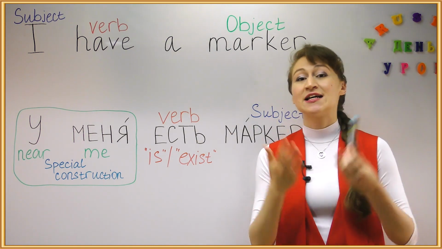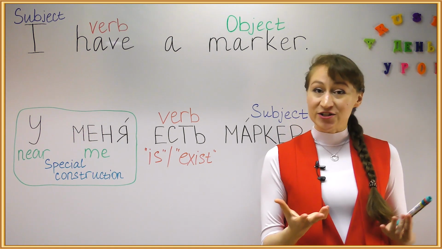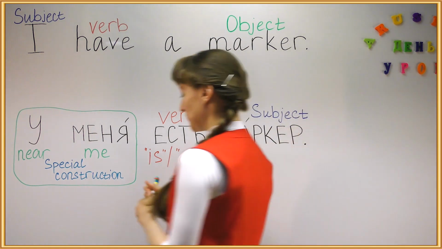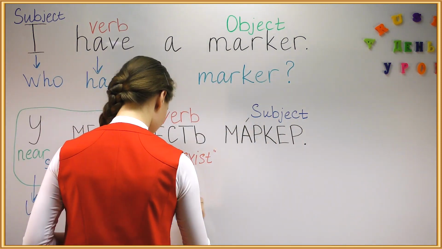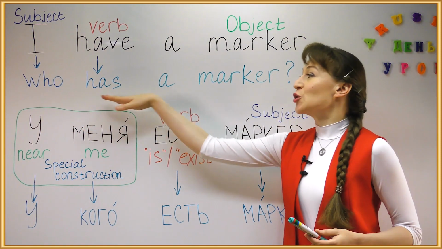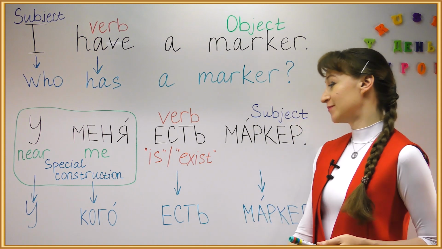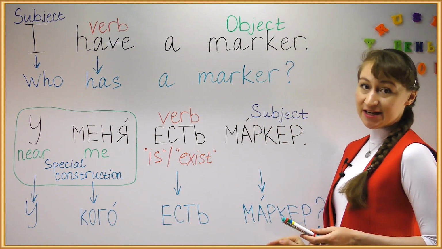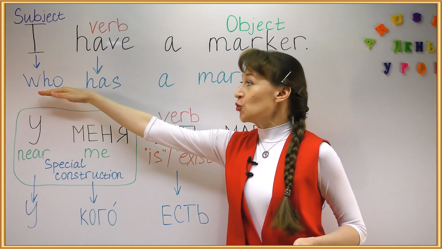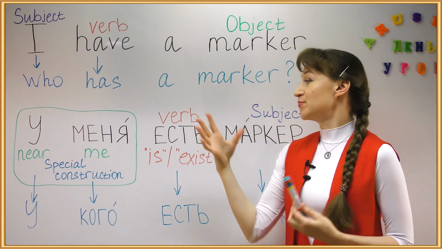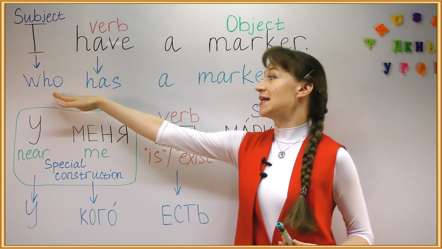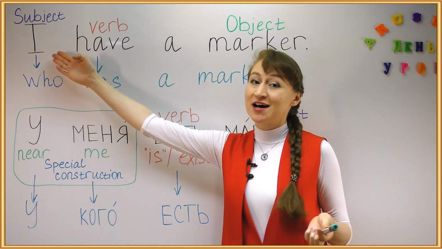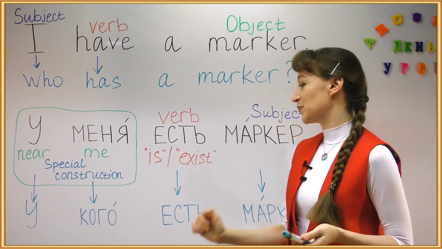Now let's form a question out of these statements. Let's take a look. Who has a marker? У кого есть маркер? So, who, we use it to replace a person in this sentence. In English, it's just who, the subject form, because I was the subject in the sentence.